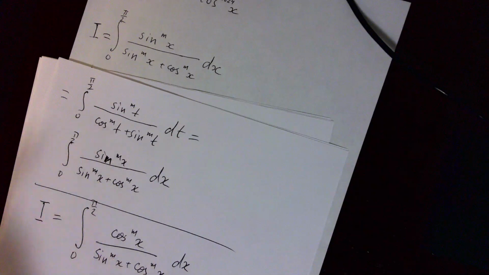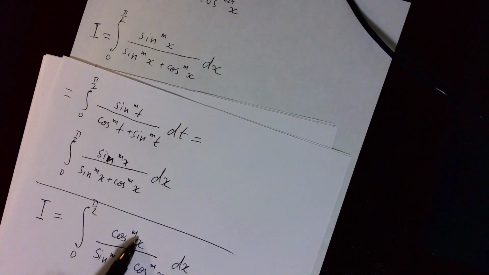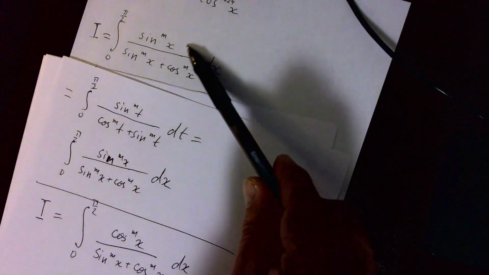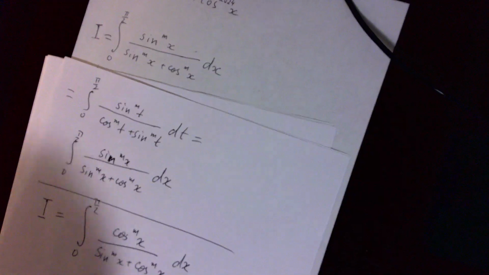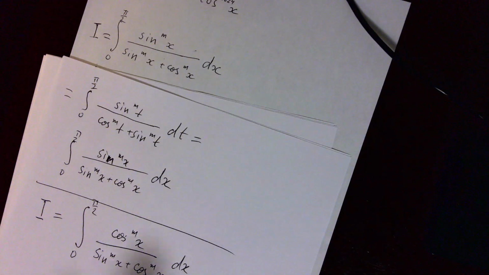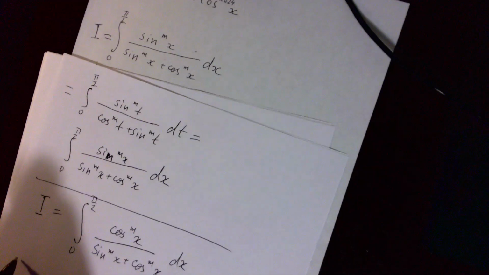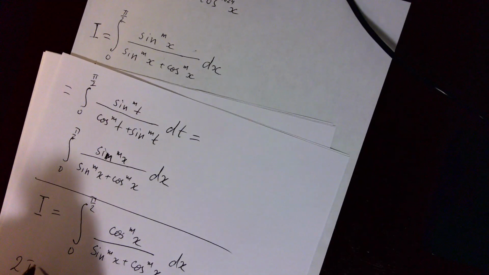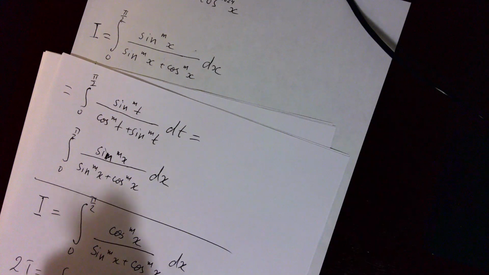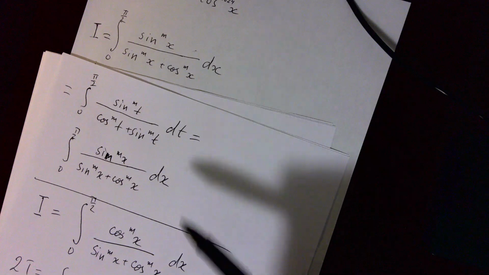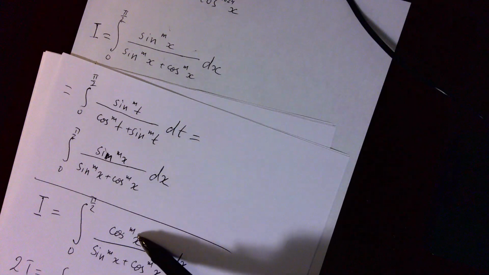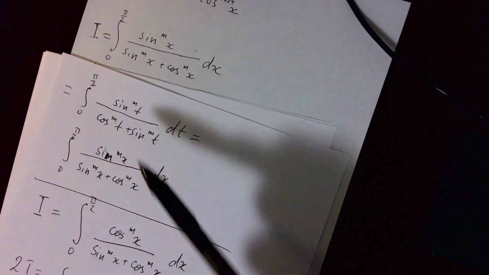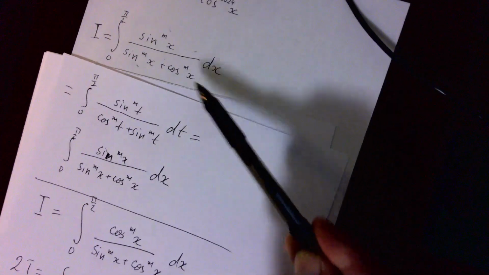So we have I equals this integral with cosine in the numerator and this integral with the sine in the numerator. If we add those representations together, we will have I plus I, two I, equals the integral over, now we just need to add these two fractions, sine to the power mx and cosine to the power mx with the same denominator.